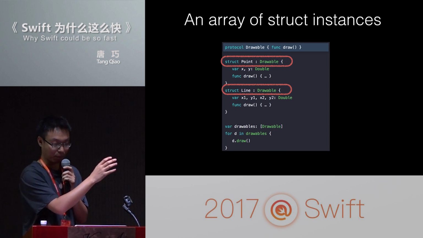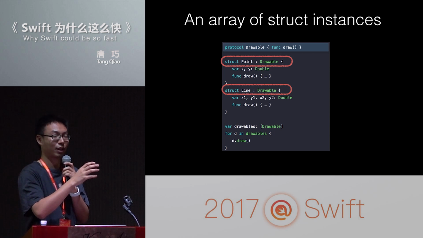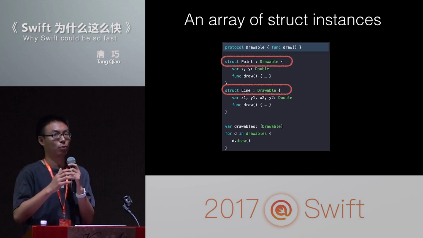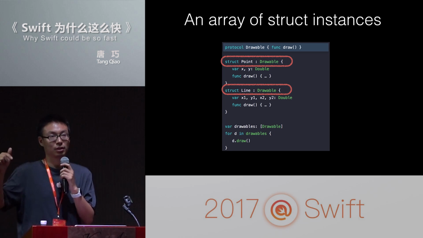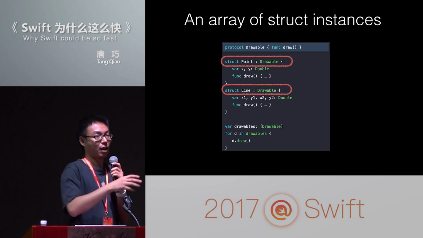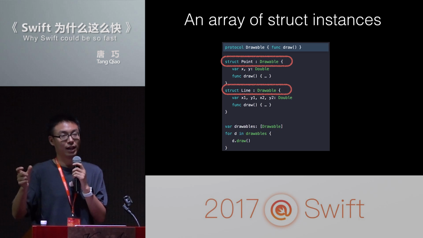That's a problem because we cannot locate every element very easily since they are different sizes. So if I want to get the ith element, I have to count its previous elements' sizes. After that, I can get the location of the ith element.